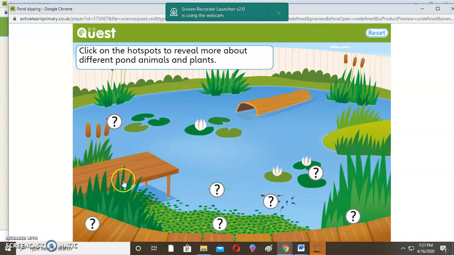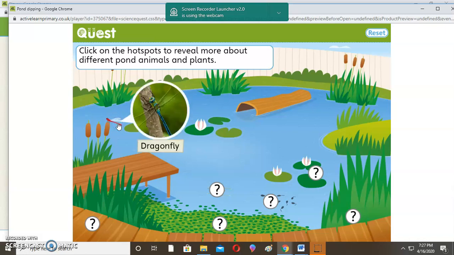Now you're being told to click on the hotspot to reveal more about different pond animals and plants. Which type of plant do you think this is? Most of the time you find this plant in pond regions. Now let's find out.